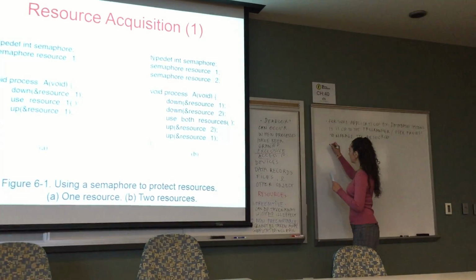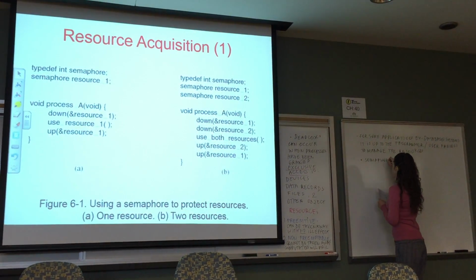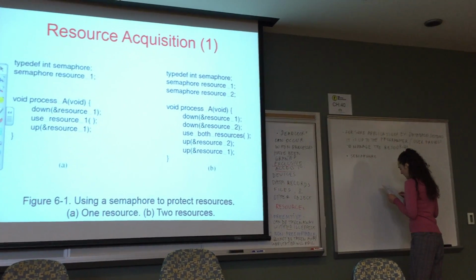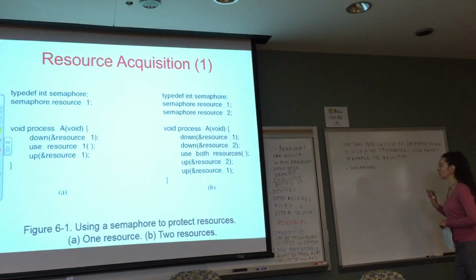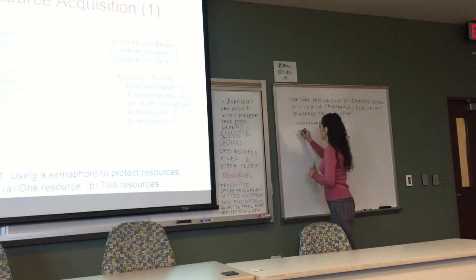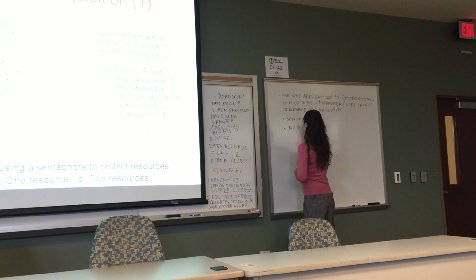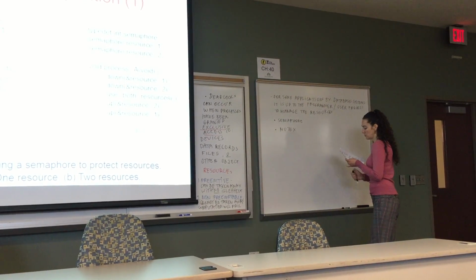We have seen several structures. One of them was a semaphore that allows exclusive access to a resource at a time, and the other one was a mutex to implement mutual exclusion.